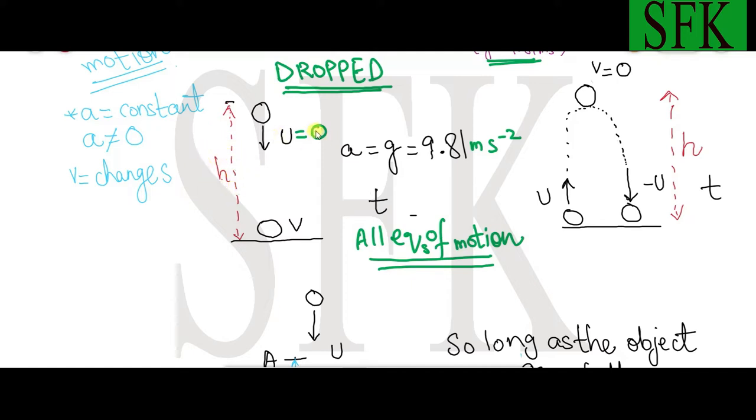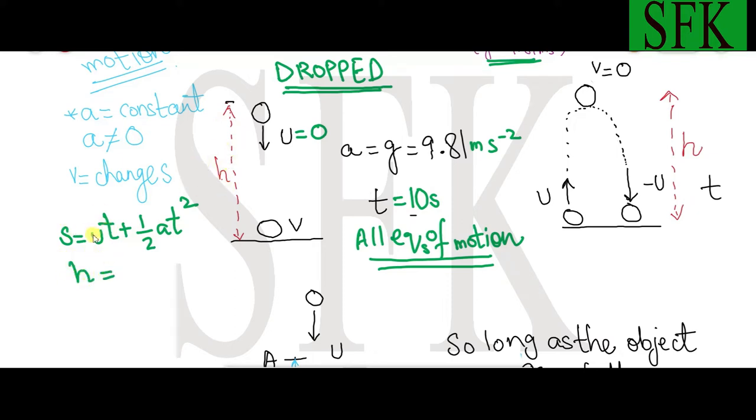We know its initial velocity, we know the acceleration. If let's say a time is also given to be 10 seconds, we can calculate the height by using the formula S is equal to ut plus half at squared. S is the displacement, which is basically this height.